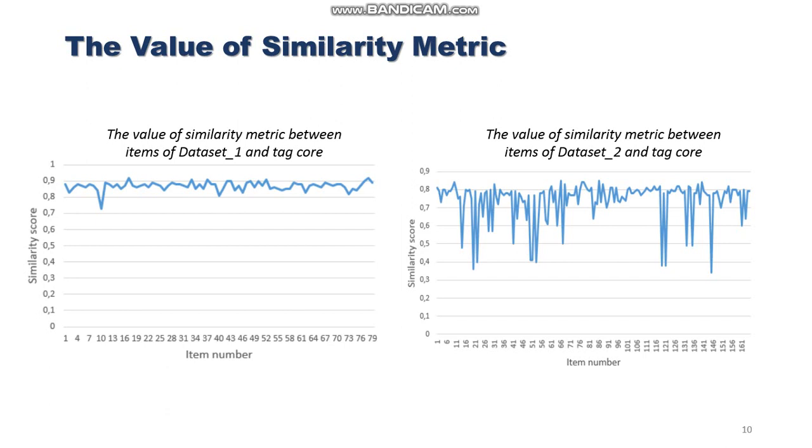The first graph shows that items in our first dataset are very similar, and that is correct. The next graph shows that we have very different items, very different shoes. This is also the correct situation for our second dataset.